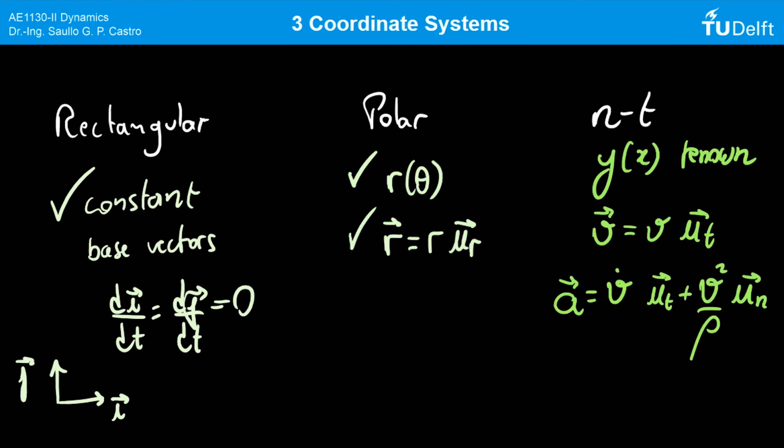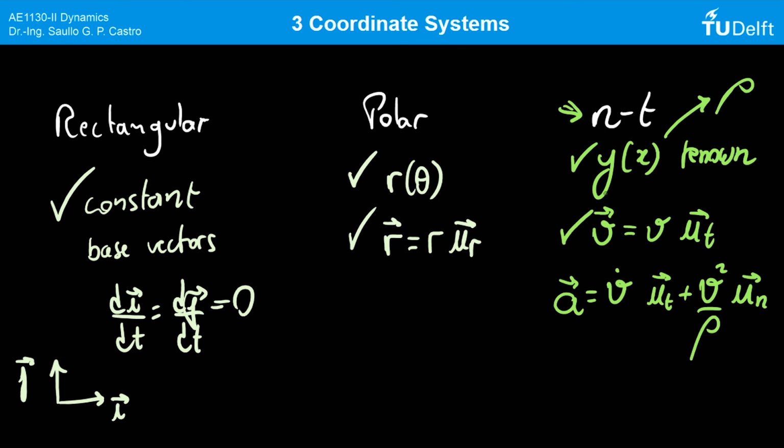And finally, we covered the nt coordinates, where we usually know how the path is described. So we know the function y of x. By knowing this function, we can then calculate the radius of curvature at any point during the trajectory.